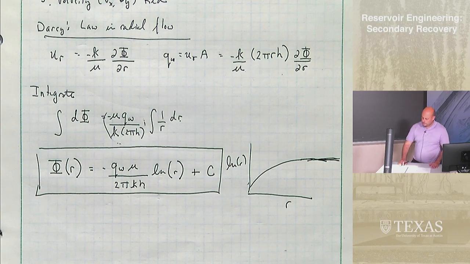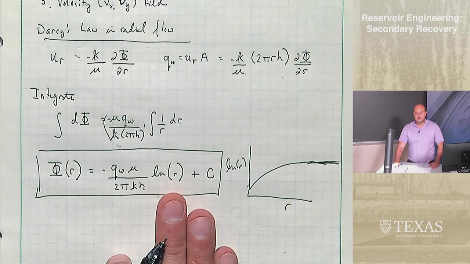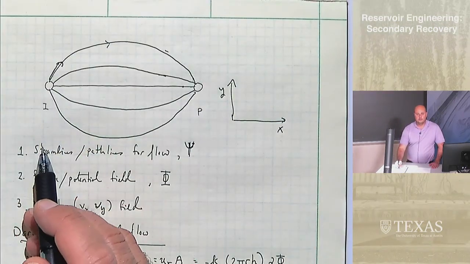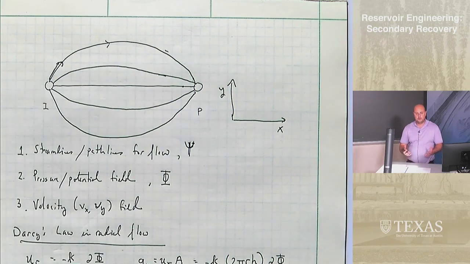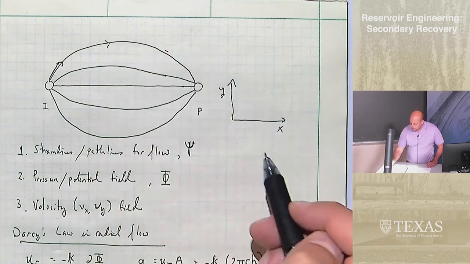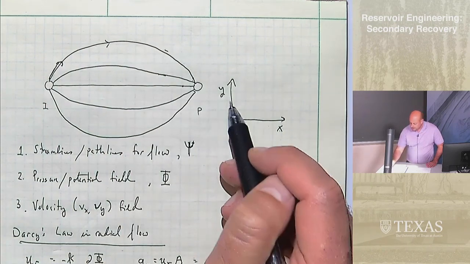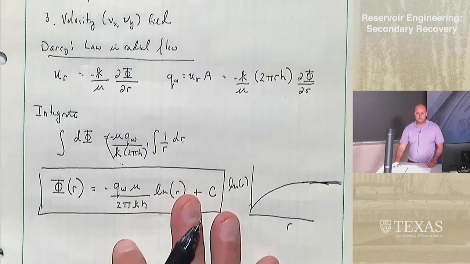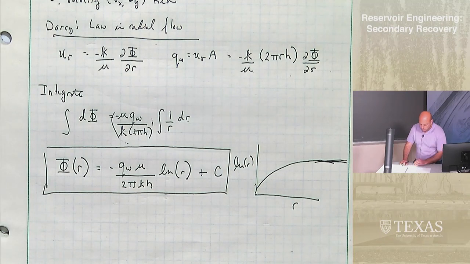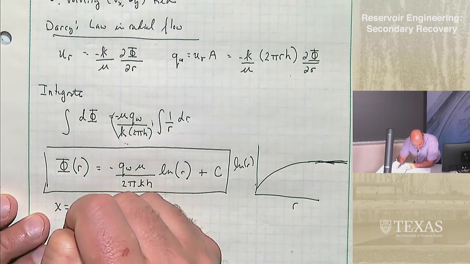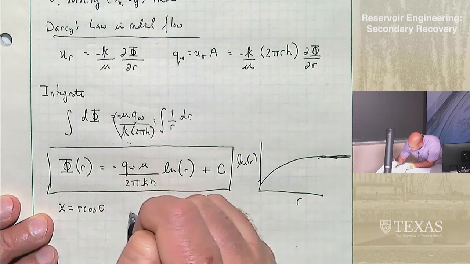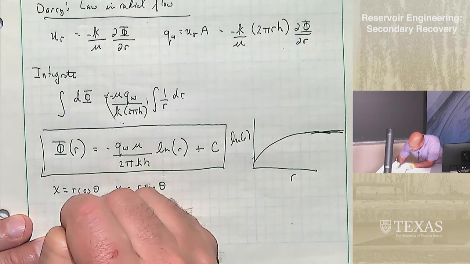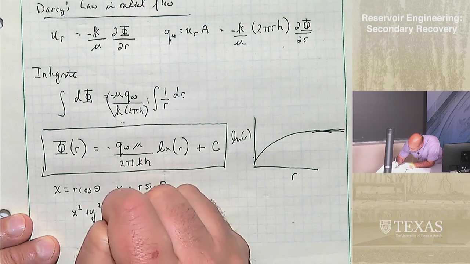Now, one thing I want to do is I want to convert this equation to put it in terms of x and y, because I have a cylindrical well bore, and I'm flowing when I inject around the well, so I can use Darcy's law, but maybe I want to know the velocities and potentials as a function of x and y. So I need to convert radius to x and y, and this is sort of an old trick from your geometry or trigonometry class. We know that x is equal to r cosine theta, and y is equal to r sine theta, and we know that x squared plus y squared is equal to r squared.